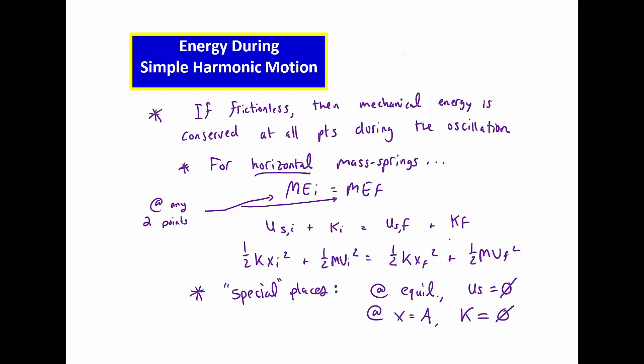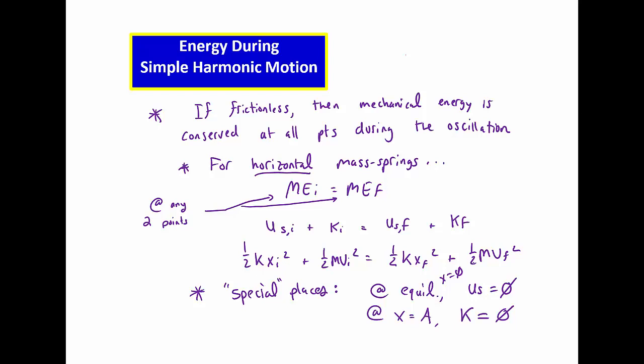So we talked a moment ago about some of the special places. When the mass attached to the spring is at the equilibrium position, in other words, x is equal to 0, you'll notice that there was no elastic potential energy because the spring wasn't stretched at all.